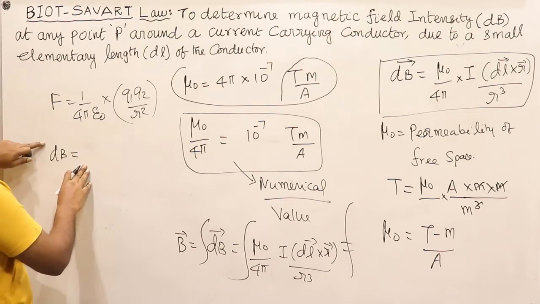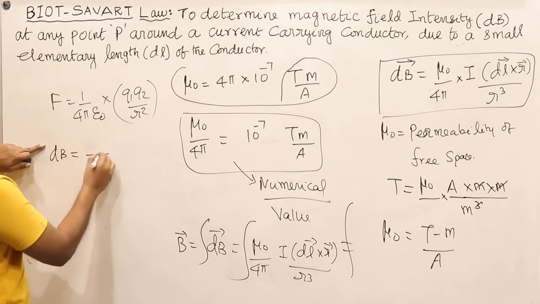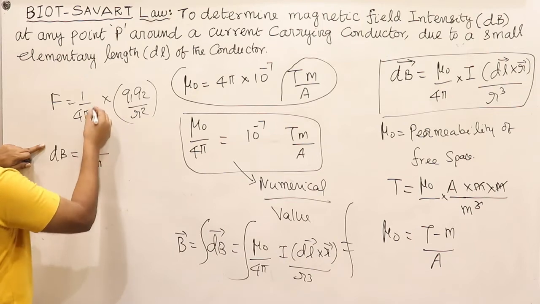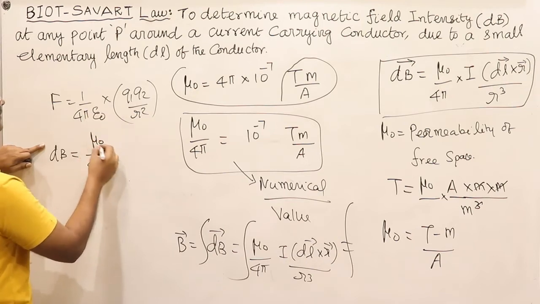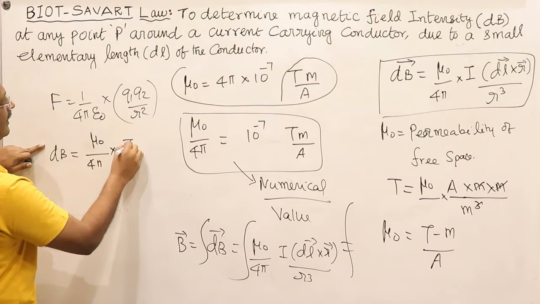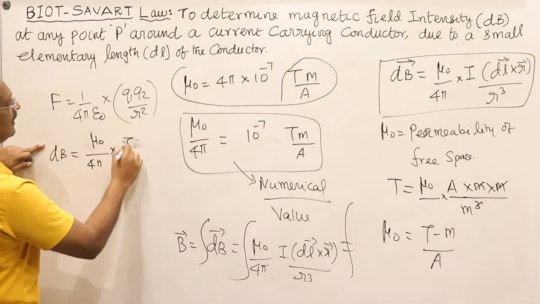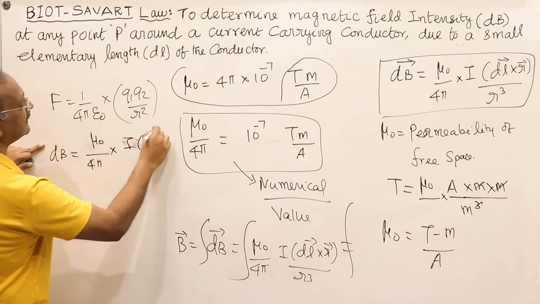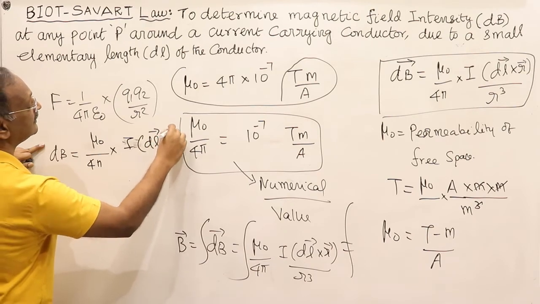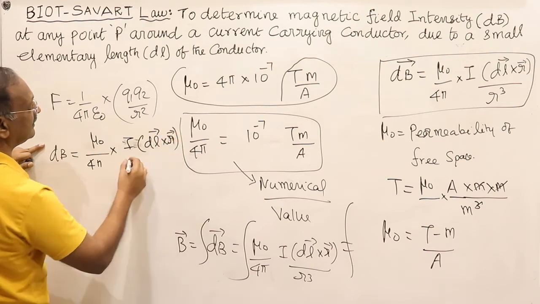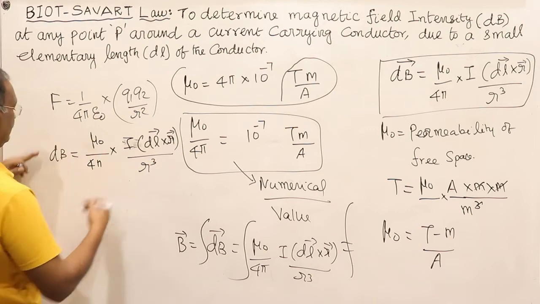Here, magnetic field, 1 by 4 pi, the 4 pi we will keep. This will be mu naught by 4 pi into I into dl cross r. This is the difference between magnetic and electric field.